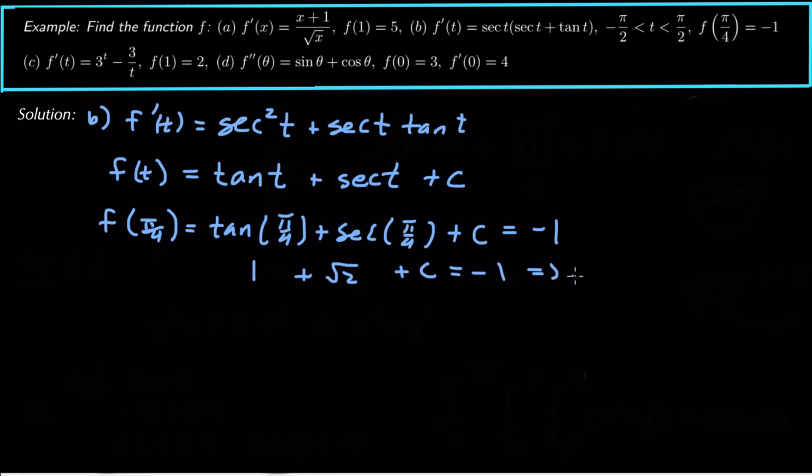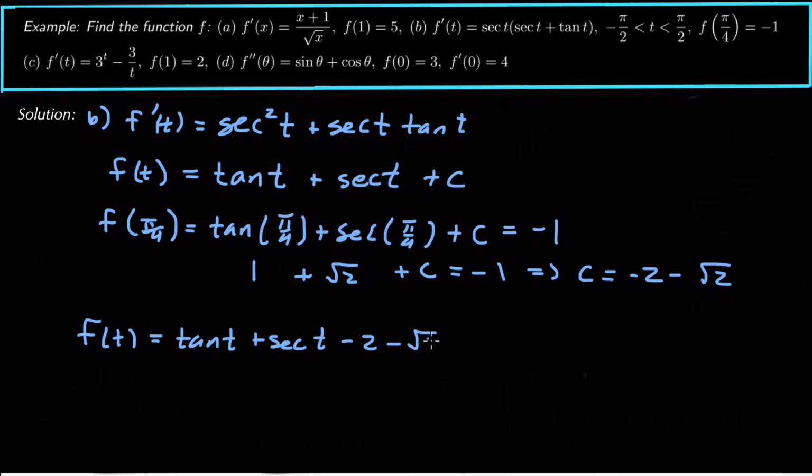So c would be, subtract 1 and then subtract square root of 2, so negative 2 minus square root of 2. So our function f of t can be written as tangent t plus secant t minus 2 minus square root of 2. And that's our solution for part B.